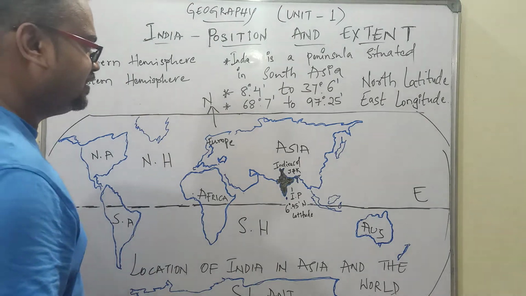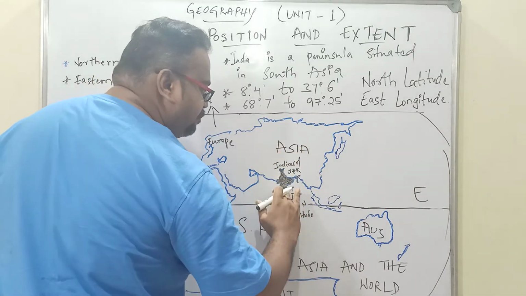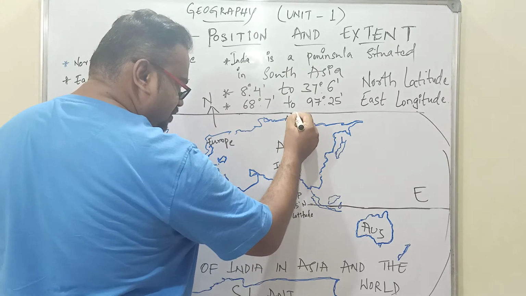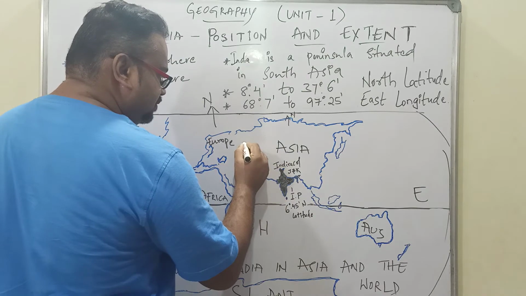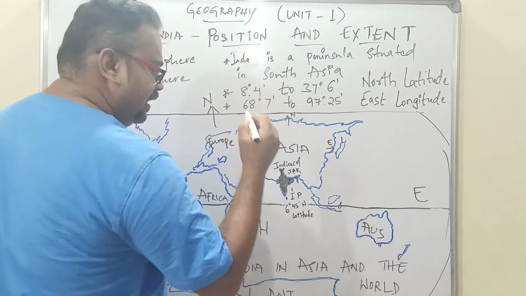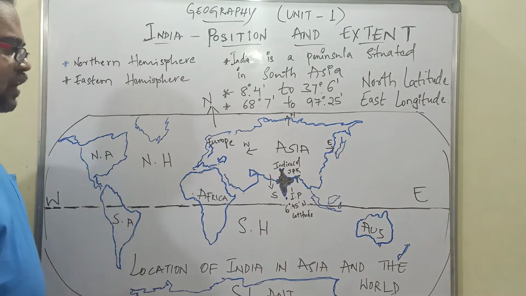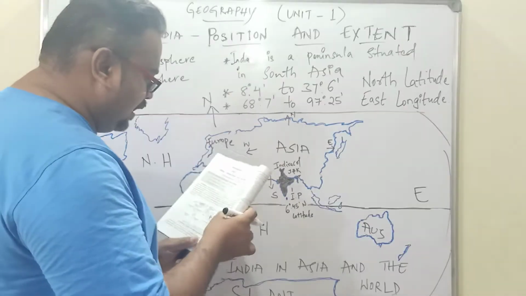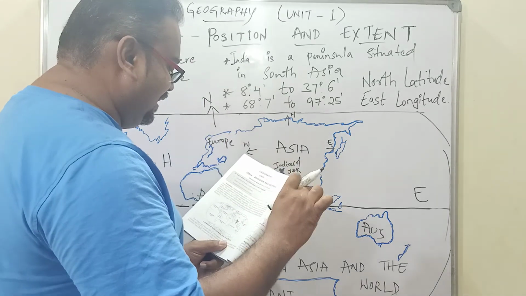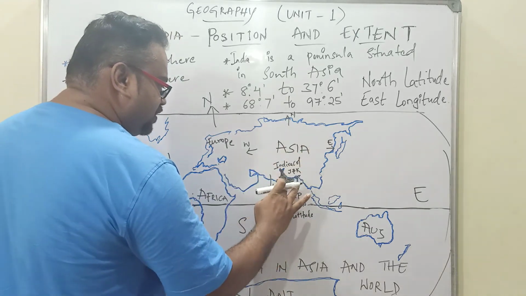And here it says that in Asia it's in the southern part. In Asia this is the north, this is the west, this is the east, and this is the south. So it is a peninsula situated in South Asia, the southern part of Asia.